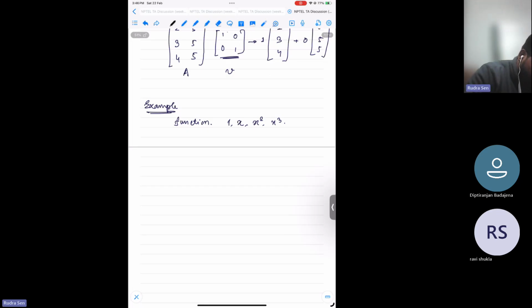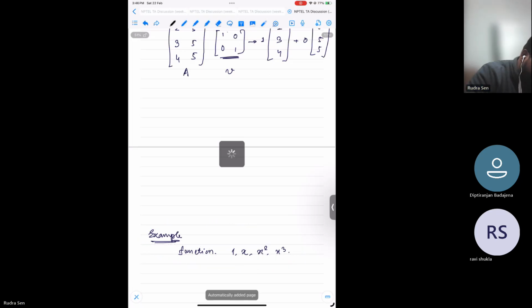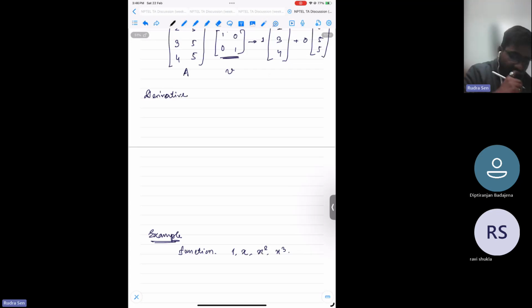So first of all, I'm just shifting it somewhere else. How does this derivative work? Whether it's a linear or non-linear transformation, we should check that first.